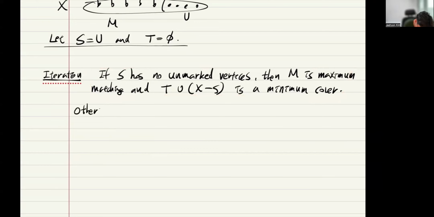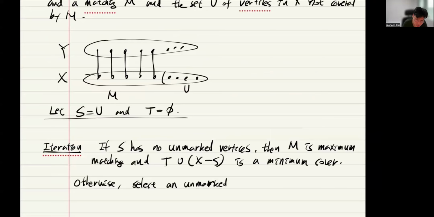Otherwise, what do we do? We select an unmarked vertex. Initially, all vertices are unmarked, and every time we explore all possibilities at that vertex, and we mark them, so that we don't have to come back again.